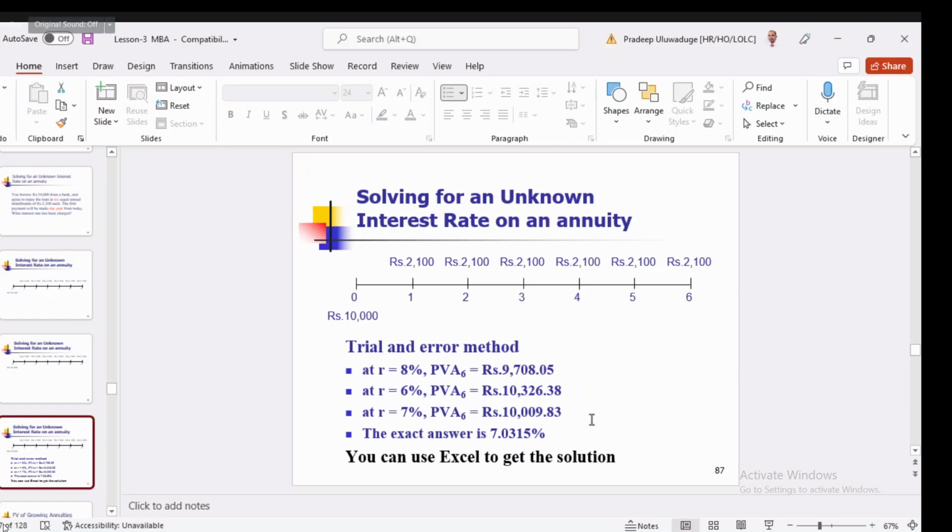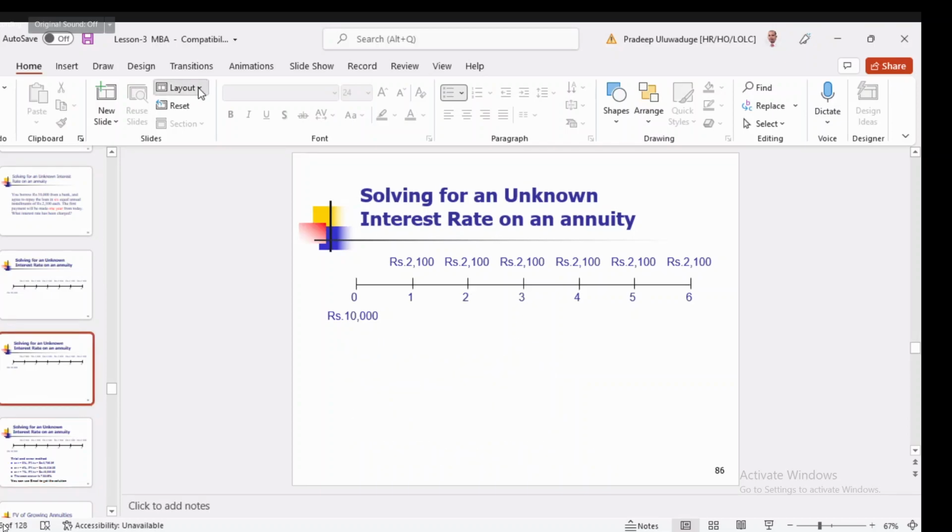Now this is the formula. I hope you can remember the formula. If not, I will write the formula. Let me write it.